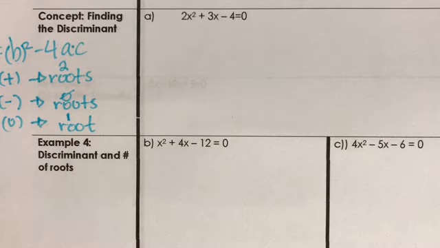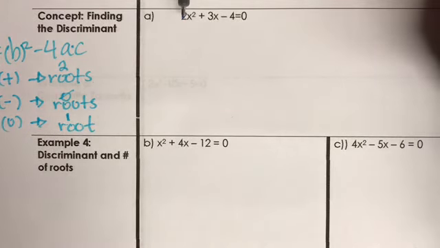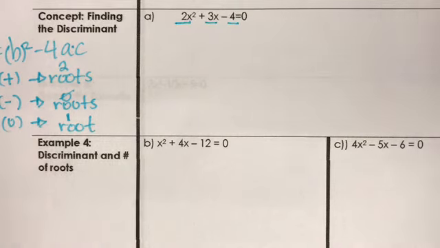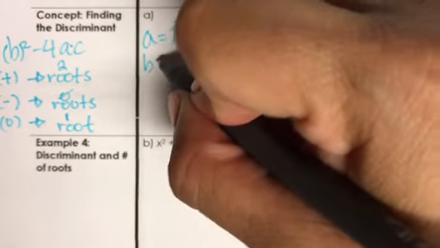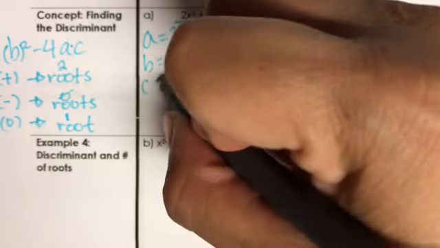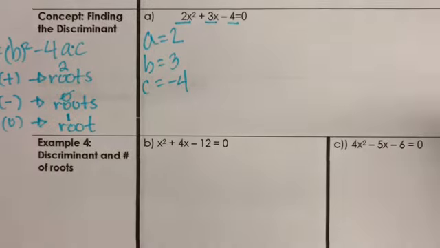Let's go ahead and test this. So with item A, this is in standard form, and I know that A equals 2, B equals 3, and C equals 4.